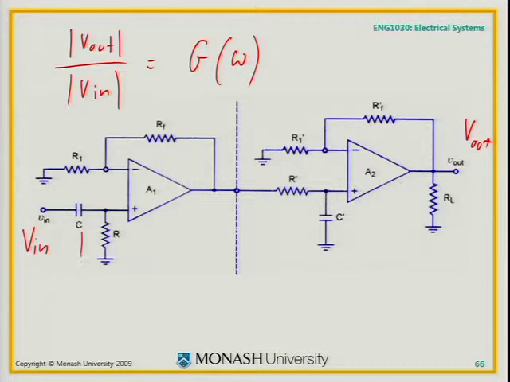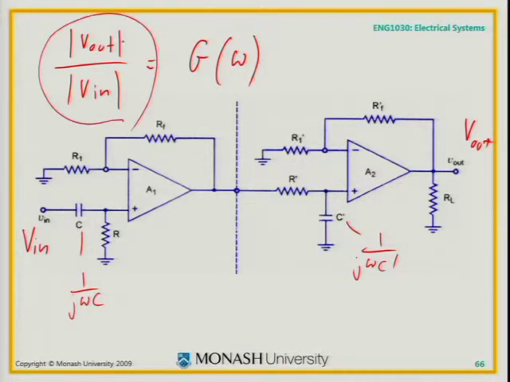Instead of C, you put 1 on J omega C there, you put 1 on J omega C prime there, and you do your circuit analysis, use the golden rules for the operational amplifier, but everything now depends on omega floating around the place. Complex currents and voltages, things depending on omega, and at the very end, absolute value of V out divided by the absolute value of V in, and you fully characterise what this device does.